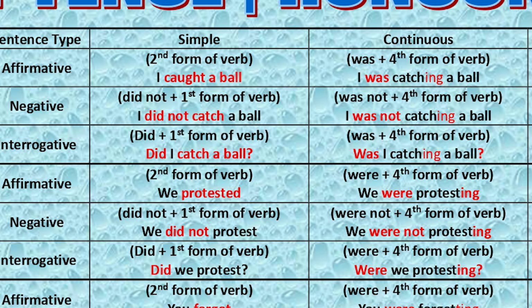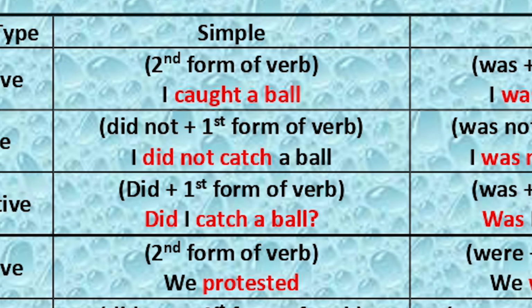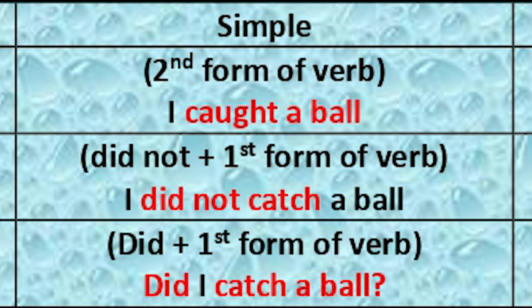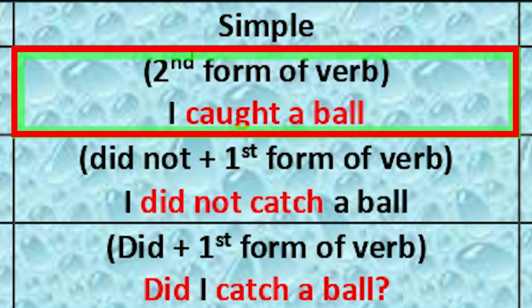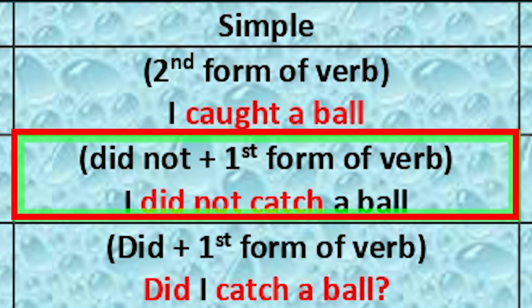If we are going to discuss past indefinite tense, then we will use second form of verb with first person singular pronoun I. I caught a ball. Okay, we are using here second form of verb.